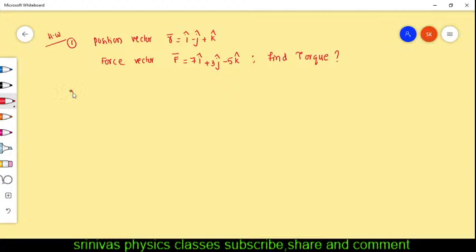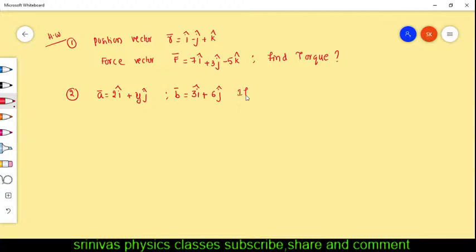And one more question I will give for the homework. For example, one vector they gave: A bar is equal to 2i cap plus y j cap, and B bar is equal to 3i cap plus 6j cap.